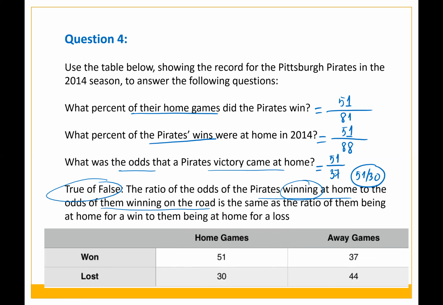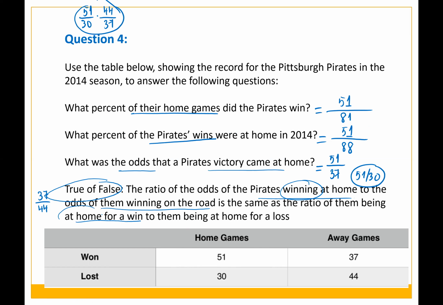So at home, the trait here is going to be winning, and without the trait, it's going to be losing. So it's 51 over 30. Now the odds of them winning on the road is going to be 37 divided by 44. So this odds ratio is going to be 51 over 30 divided by 37 over 44. So this is the first one. Then we have a second one. The ratio of them being at home for a win.